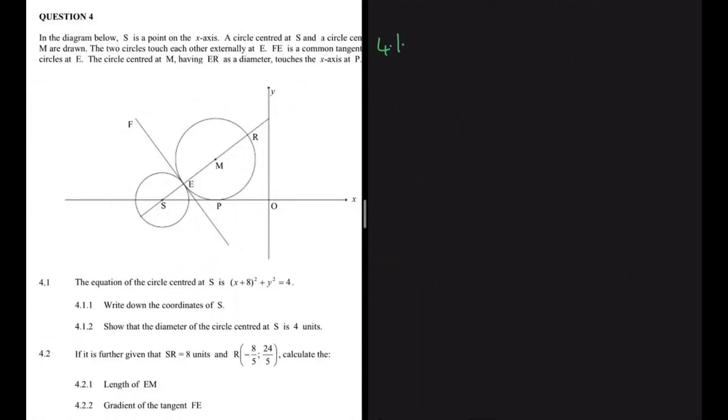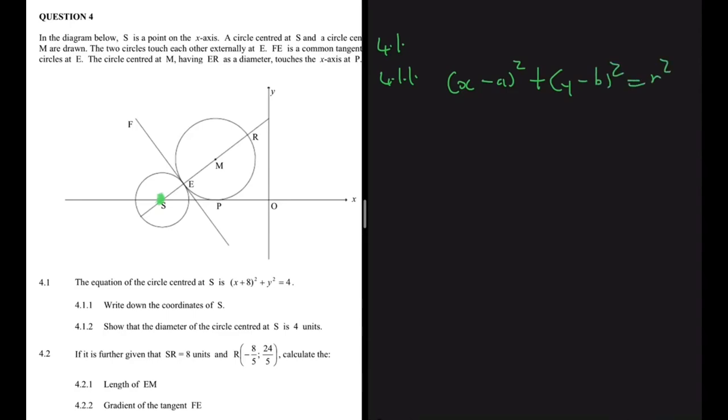4.1 says the equation of the circle centered at S. Yes, S on the diagram is (x plus 8) squared plus y squared equals 4. 4.1.1: write down the coordinates of S, right? We know that the general formula for the equation of a circle is (x minus a) squared plus (y minus b) squared equals r squared.